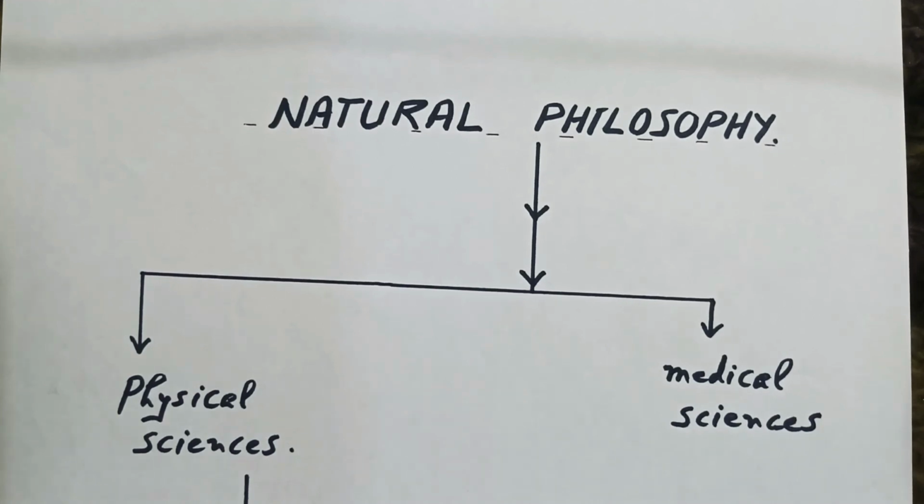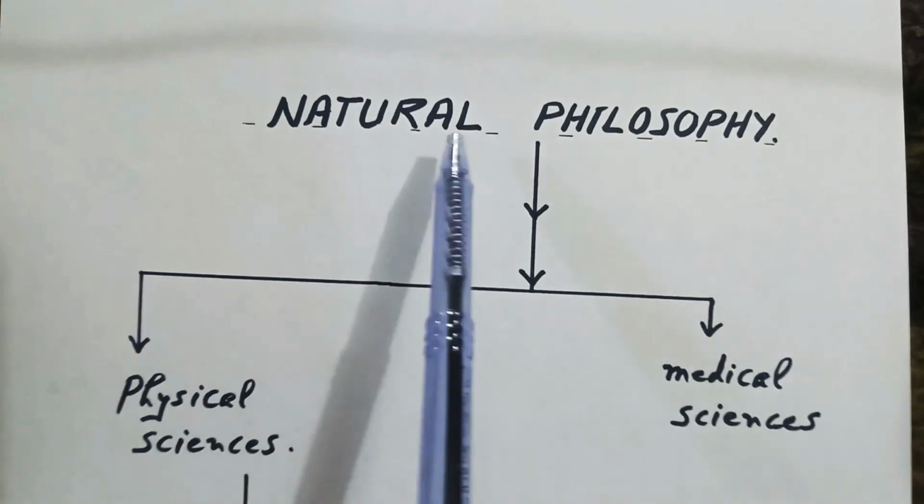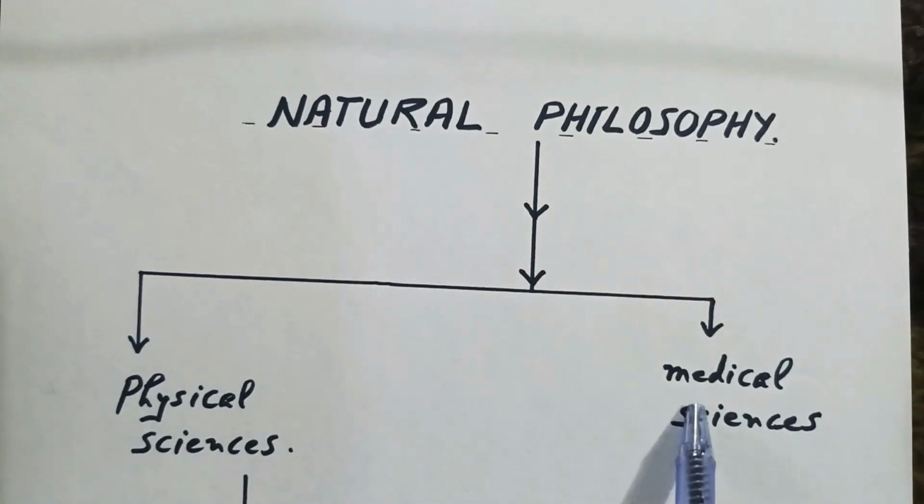When the knowledge of science increased, science was divided into two branches, physical sciences and medical sciences. This is the first division of science.